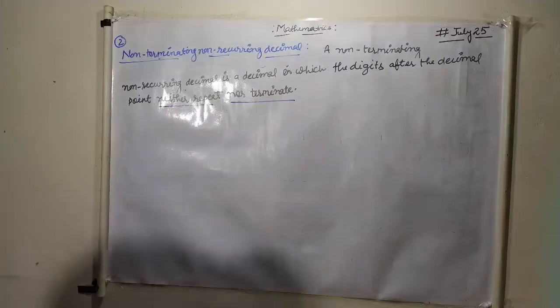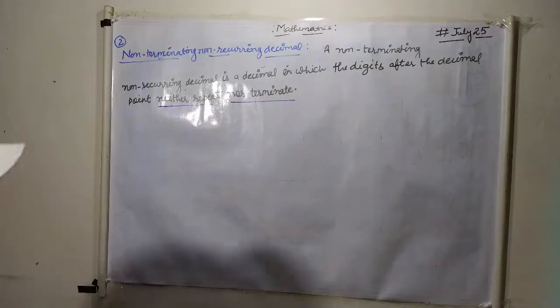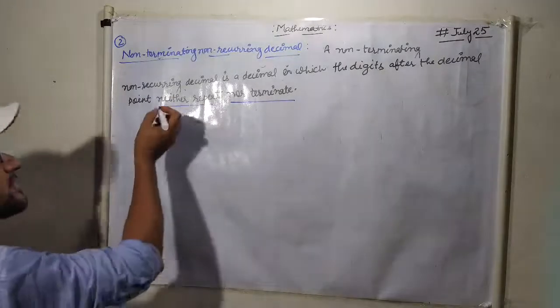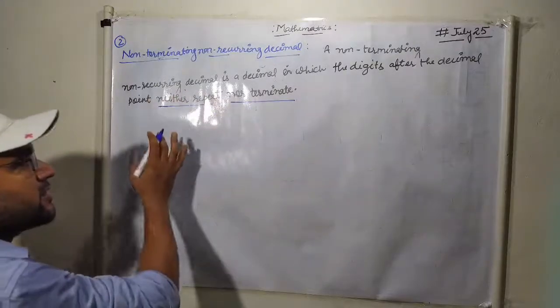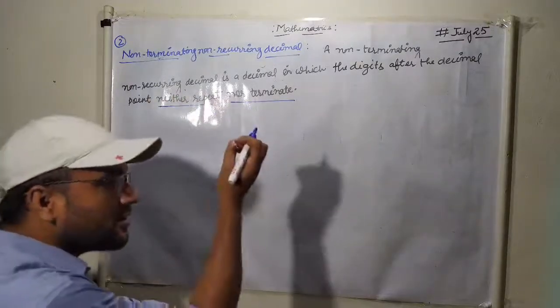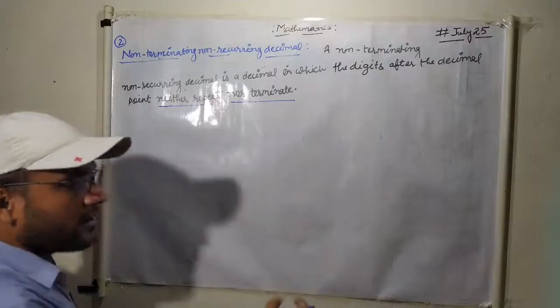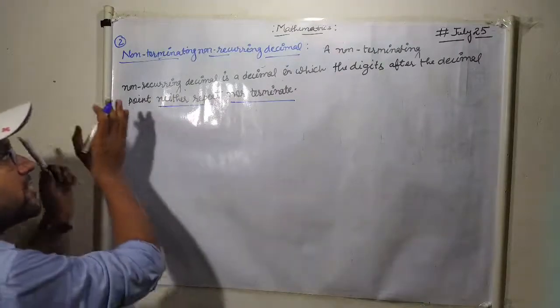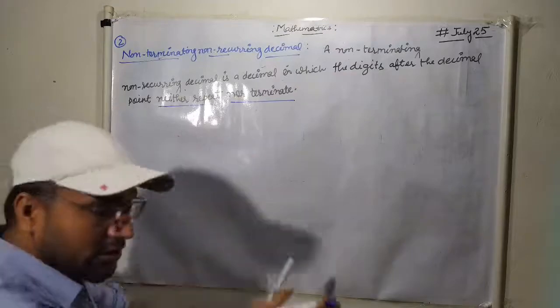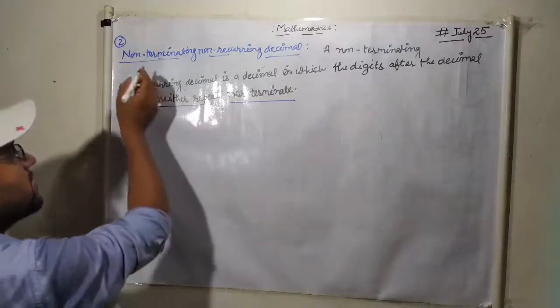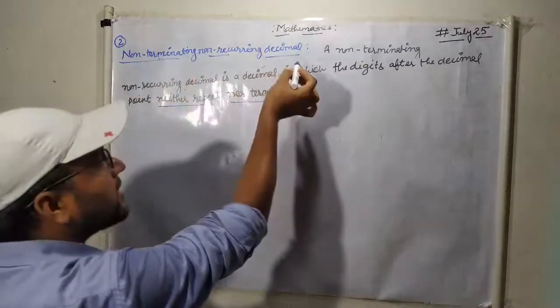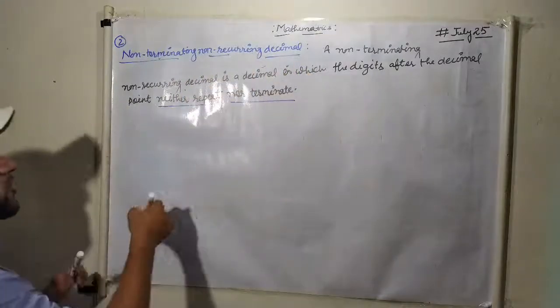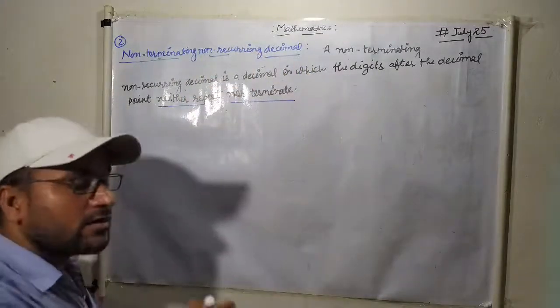It means its division is not going to end, and it is not repeated. In the first one, it is repeated after 1 digit or 2 digits or more. So that is known as a non-terminating but recurring decimal. But this one is a non-terminating, non-recurring decimal. It means it is not going to repeat nor terminate.